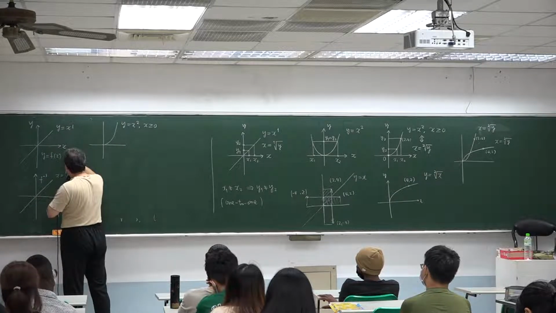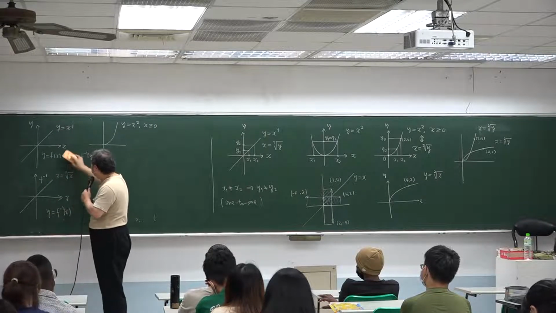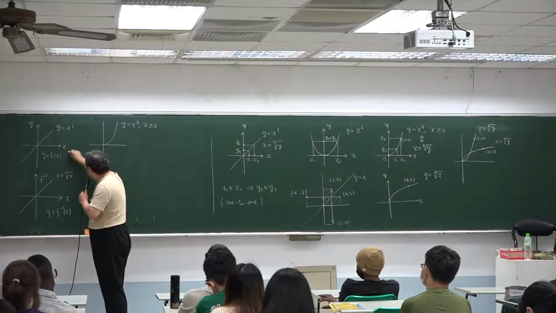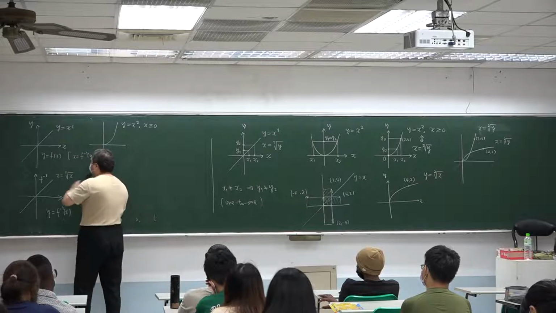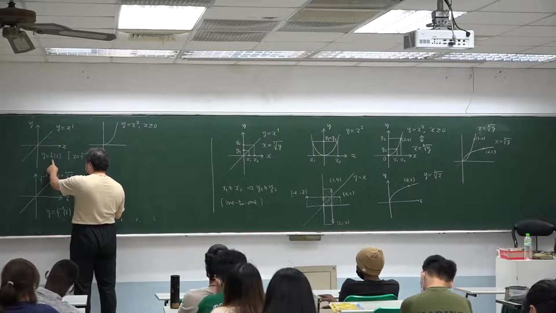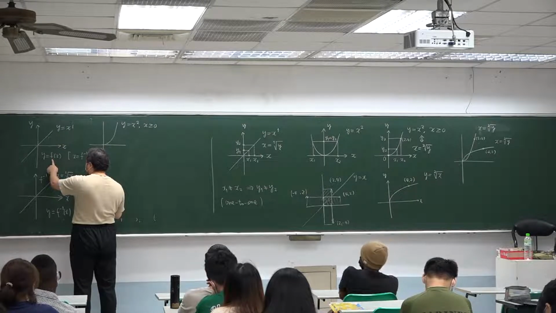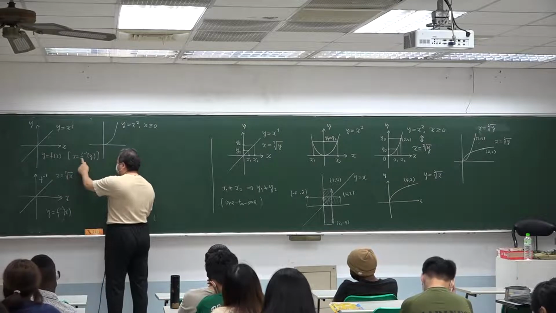Of course, same meaning. If y is a function of x, the name of the function is f. If this function is one-to-one, then x is also a function of y: x equals f inverse of y.